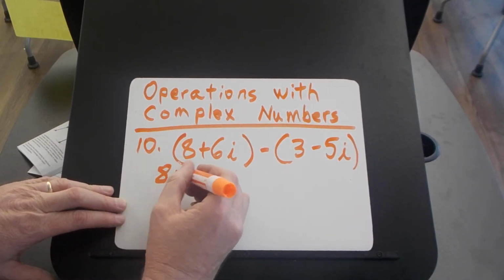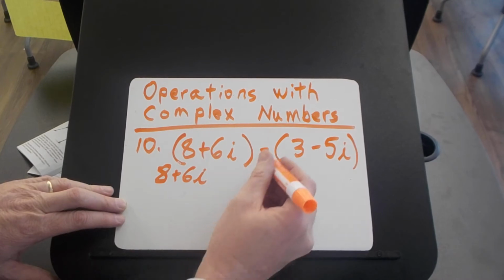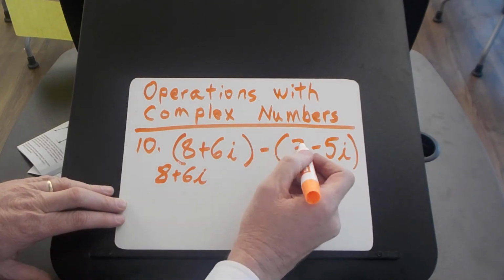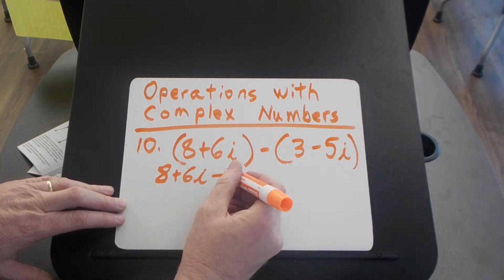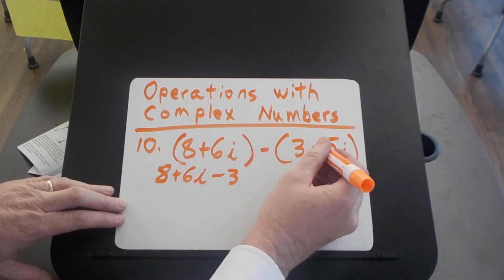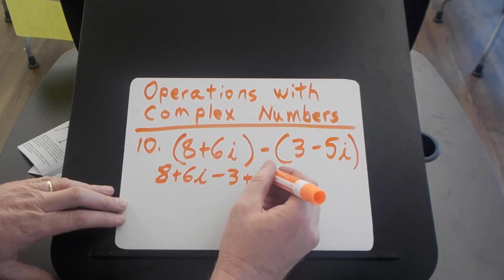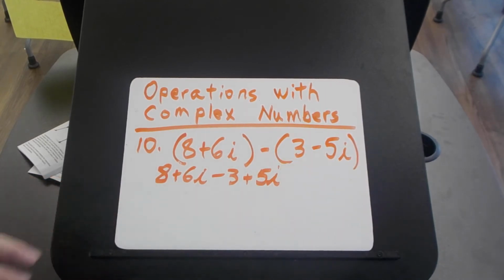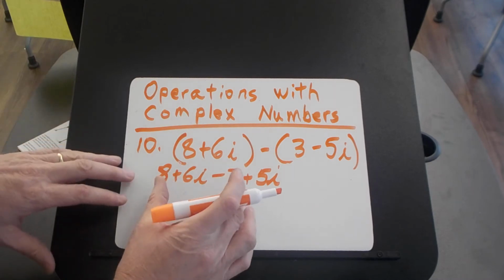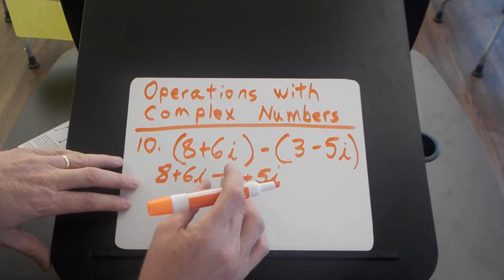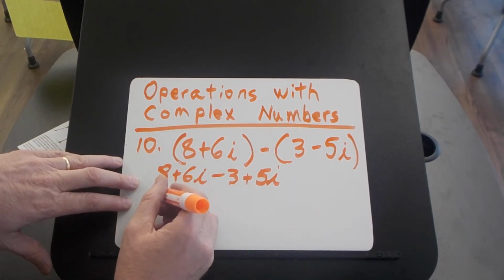to write 8 plus 6i, and then to remove these parentheses I have to distribute the minus sign and go minus 3, and a minus is plus 5i. So the next thing to do here is to combine the real parts, the 8 and the negative 3, the 8 minus 3.